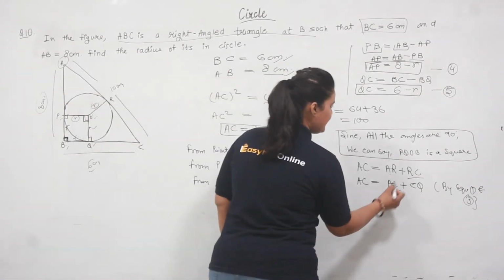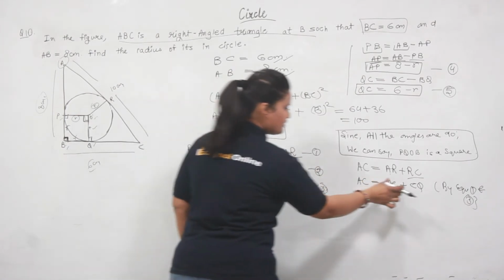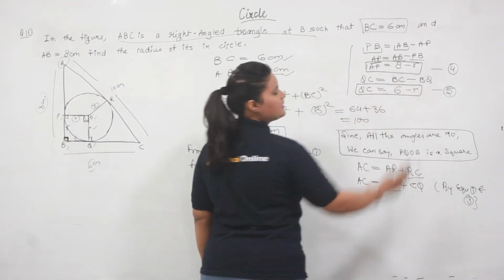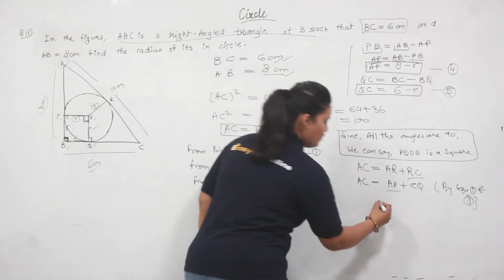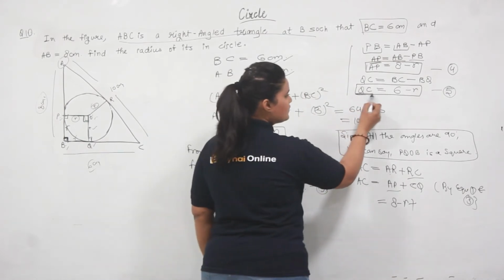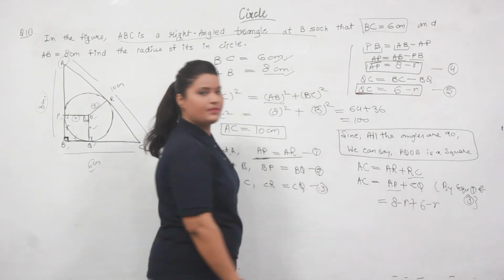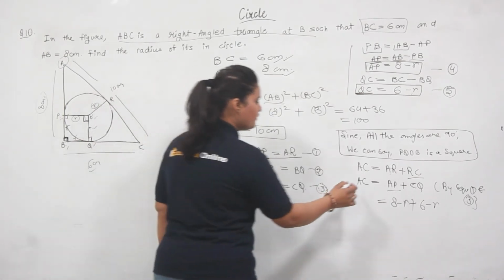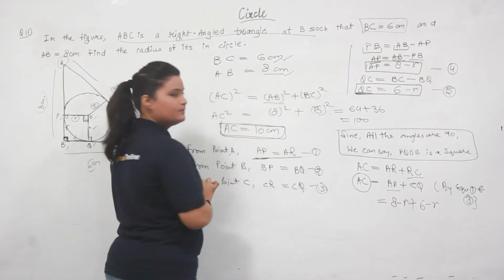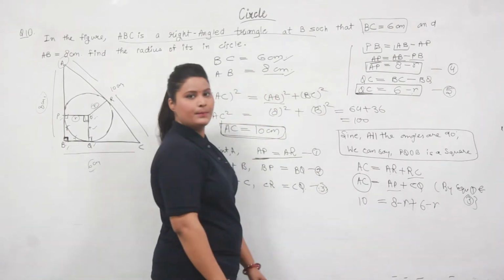Now the value of AC is what? Sorry, it is not AC, it will be AP. Value of AP is what? 8 minus R. So I can write 8 minus R plus value of QC is what? 6 minus R. Right? And what is the value of AC? We just found out it is 10 centimeter. Correct? Now I can write 10 over here.